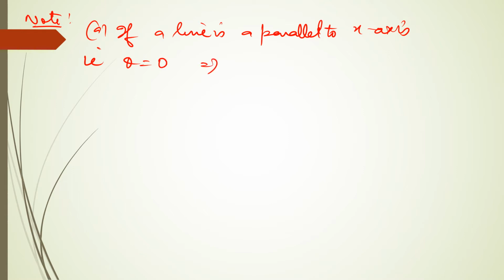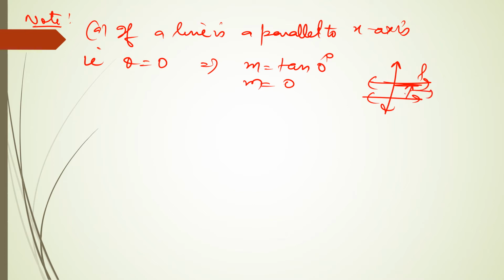It implies m equal to tan 0, which is equal to 0. That means the slope of a line will be 0. So this case applies when our line L is parallel to the x-axis.